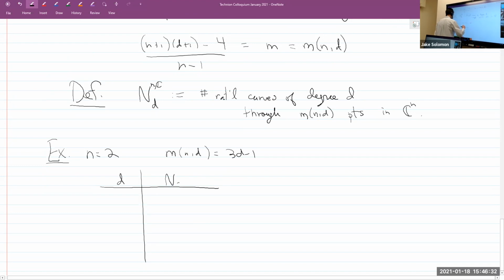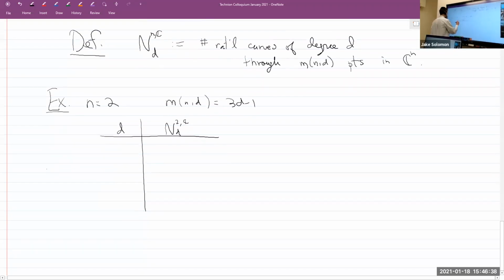And then we have N_d. We just said that when the degree is 1, that's lines through 2 points, and there's one of them. And if the degree is 2, that's conics through 5 points, and again it's essentially elementary linear algebra to show that there's one of them.